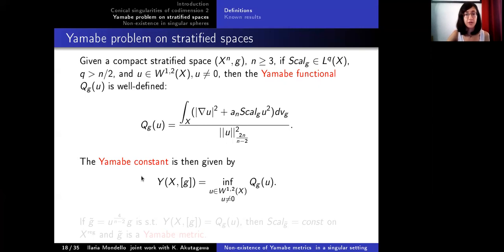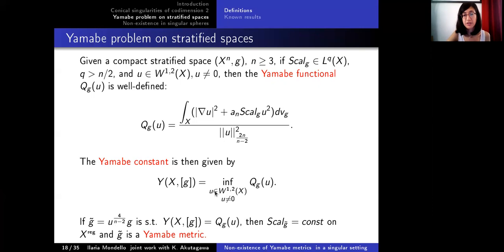So the idea is, again, you try to find a conformal metric g tilde for which the conformal factor minimizes this Yamabe functional. So it is such that the Yamabe functional computed on u is exactly equal to the Yamabe constant.